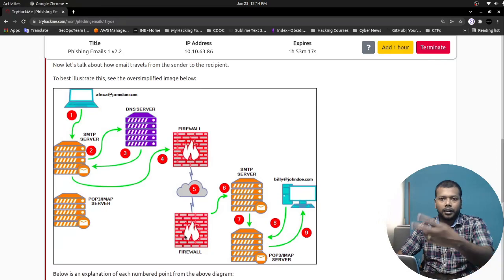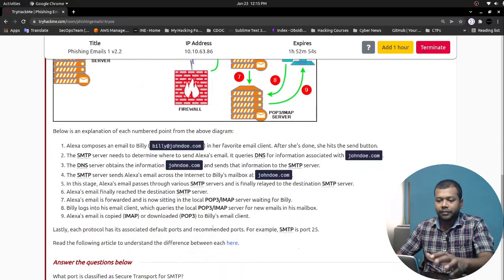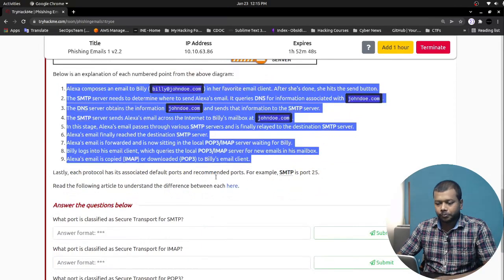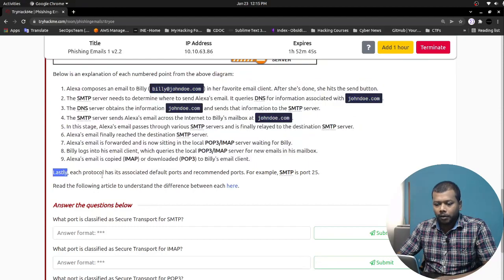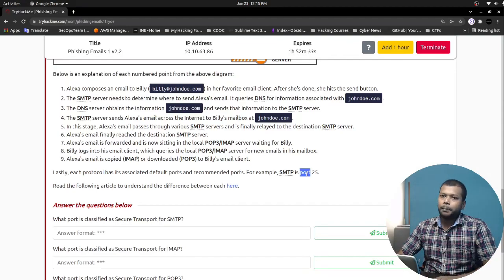So here they added the firewall, and number 5 indicates the network, the internet. And the second firewall is the firewall in the client's, the recipient's, network. And the sixth step is the SMTP server in their network. Once it reaches the recipient SMTP server, the SMTP server shares that email with its POP3 or IMAP server.